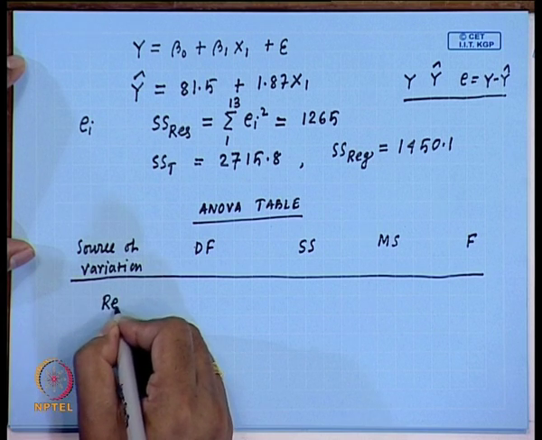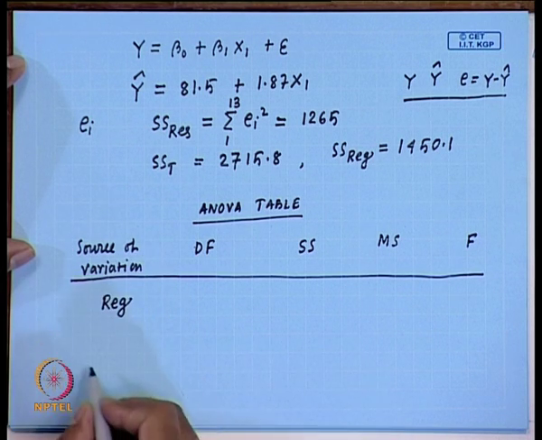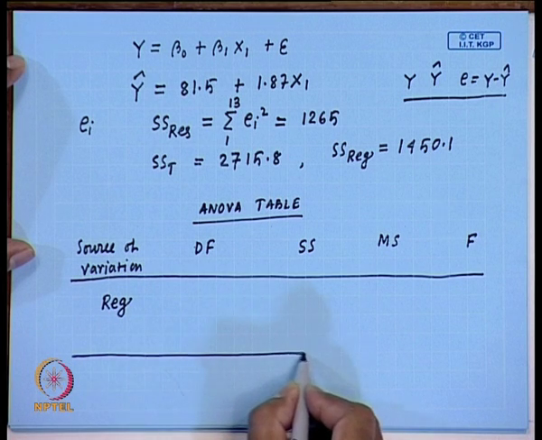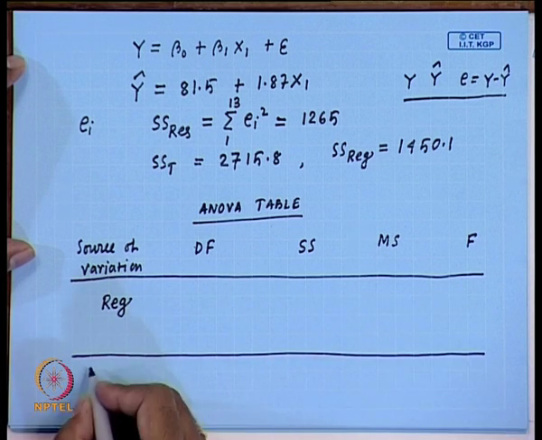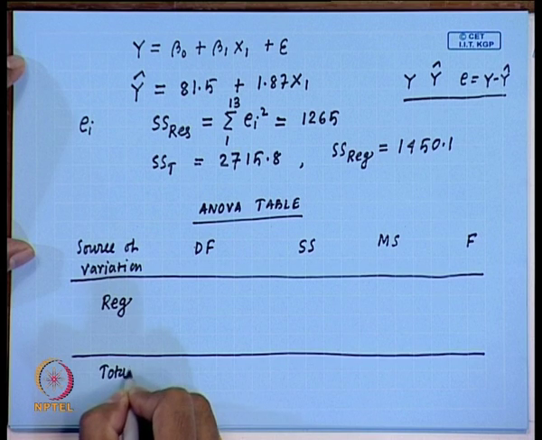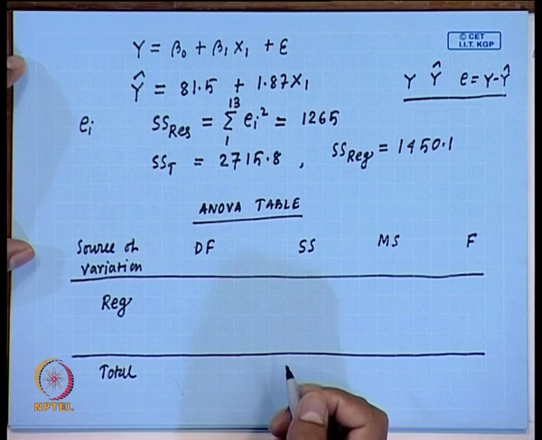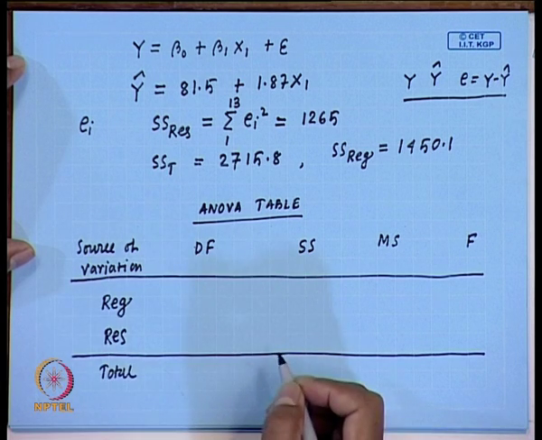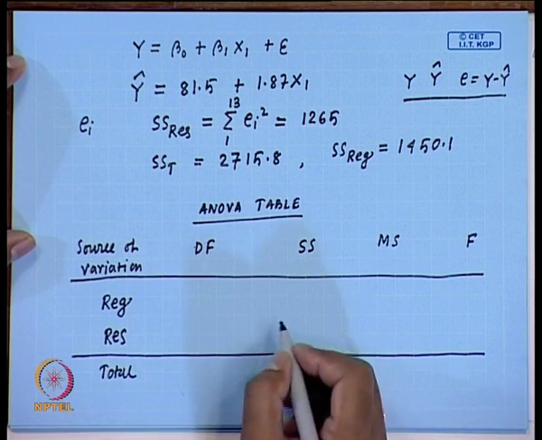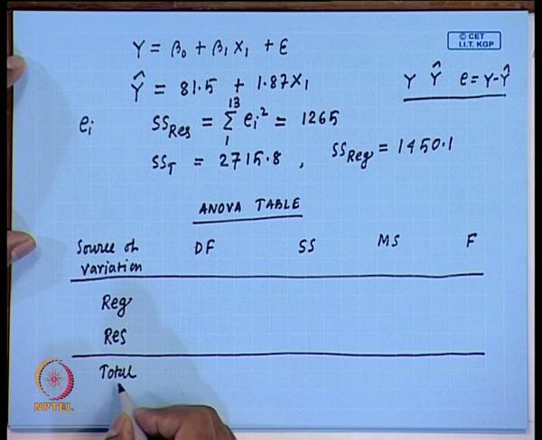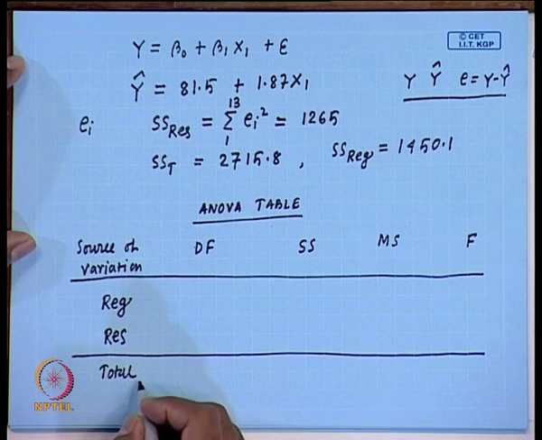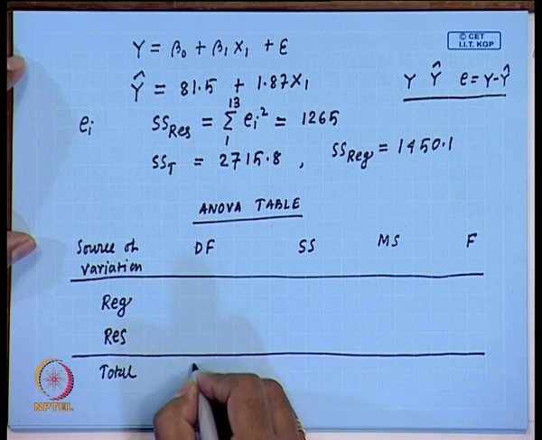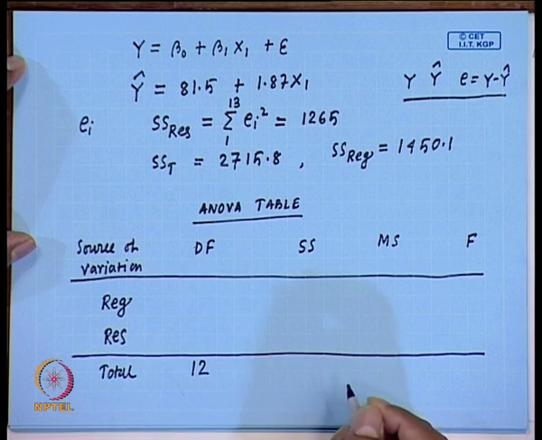The sources are the variation due to the regression model, the total variation, and the part remaining unexplained, the residual. The total degree of freedom here is equal to 12 because there are 13 observations.